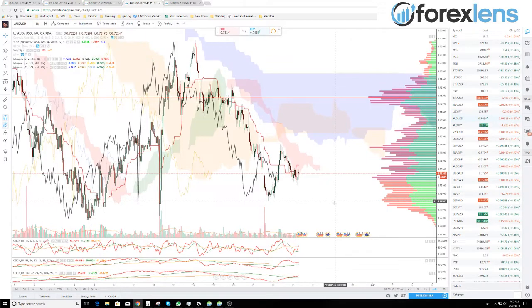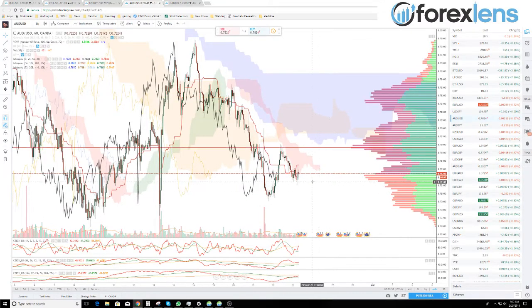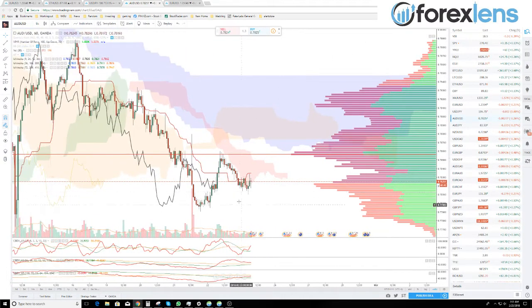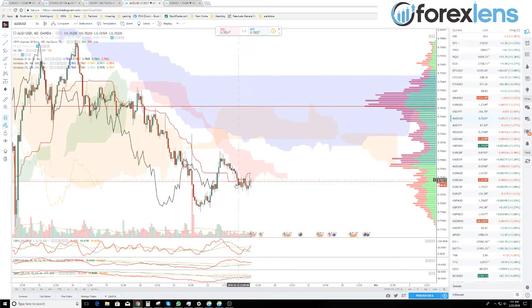Aussie dollar. Now, we should go short here. Why should we go short? All right. We have found some resistive selling. Now, it failed to go higher. It came back down.